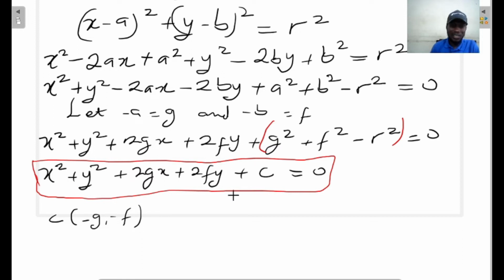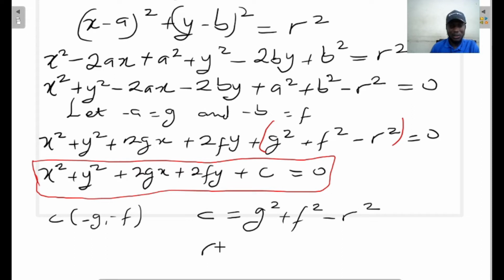This is the general equation of a circle with center (-g, -f), and the constant term c equals g squared plus f squared minus r squared. And from here we can get our radius as well, because we are just making r the subject of this equation.